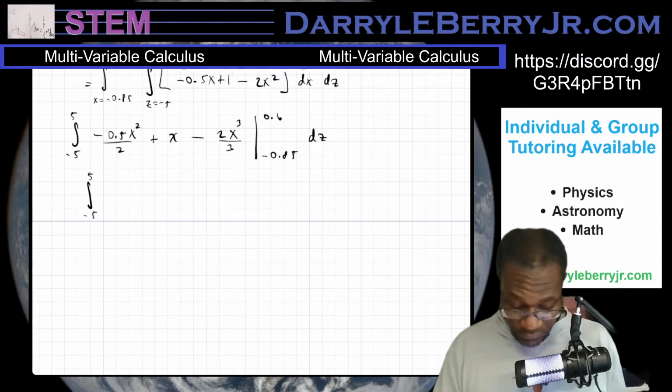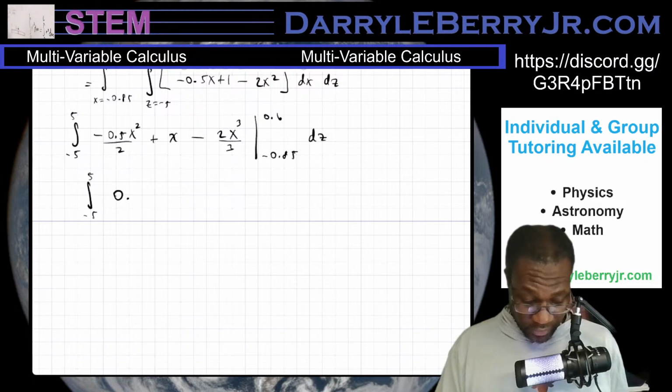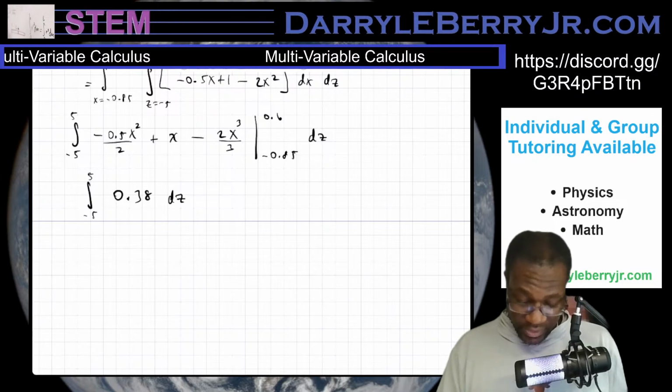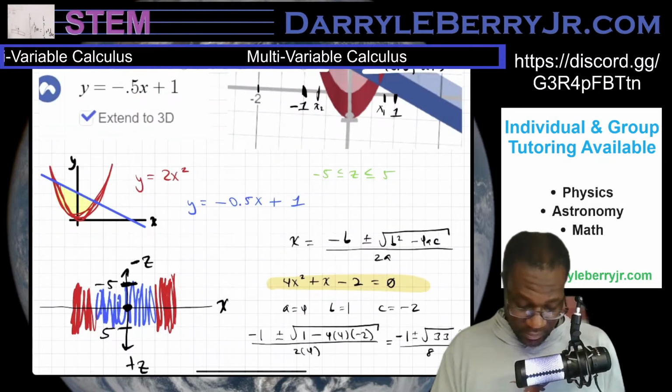All right. So what we get out of that is 0.38 dz.